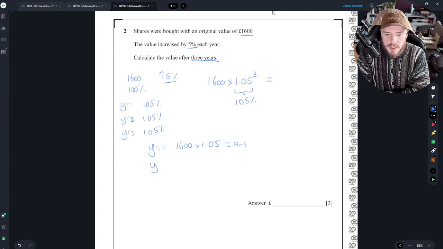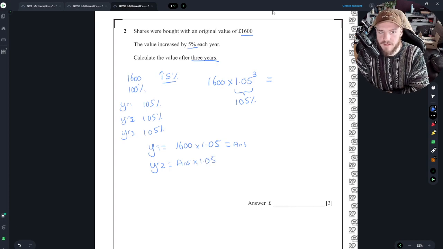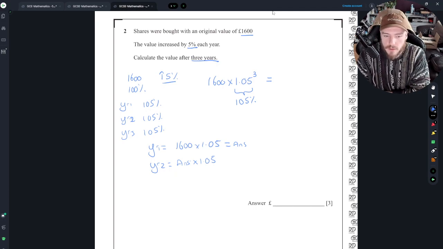Year 2 you'll do the exact same operation. Instead of writing 1600 again, we'll take the answer we've just worked out and multiply it again by 1.05, because the value is increased by 5% each year, so our answer will be increased by 5% again.